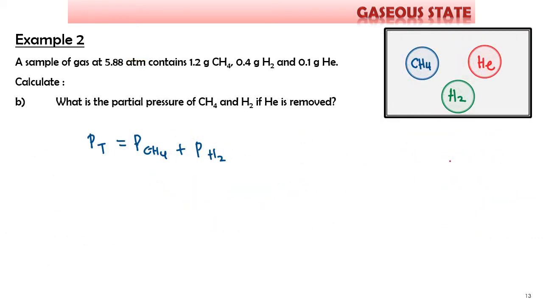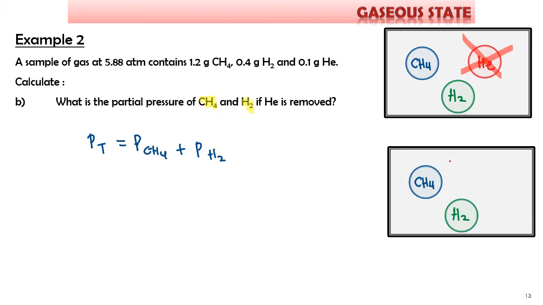Okay, so for question B, what is the partial pressure of CH4 and hydrogen gas if we remove this? So what if I remove helium? If you remove helium gas from the container, the total pressure, you just need to sum partial pressure of CH4 and partial pressure of hydrogen gas.